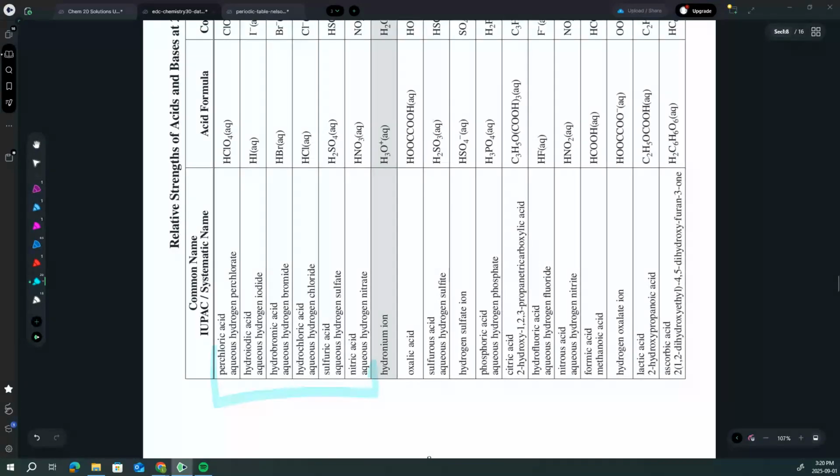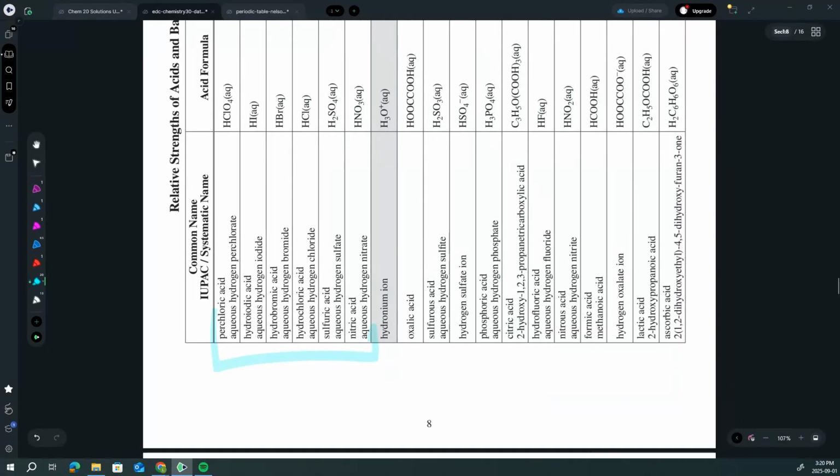Anything below the gray hydronium line is going to be considered a weak acid. Now, I'm saying above and below because when you have your own Chem 30 data booklet, you could turn it to the side to make it so that this is the top of your page.